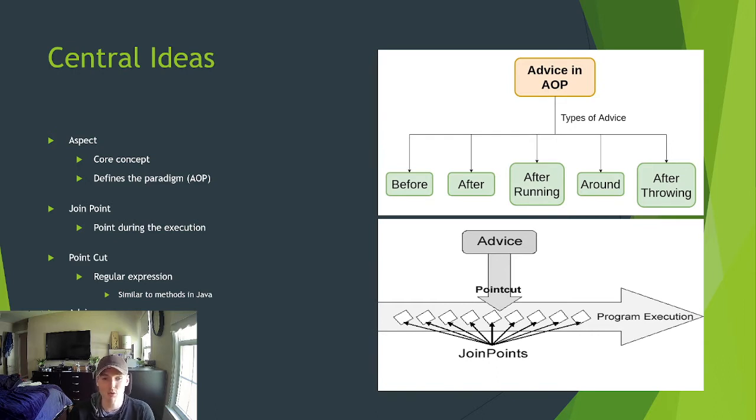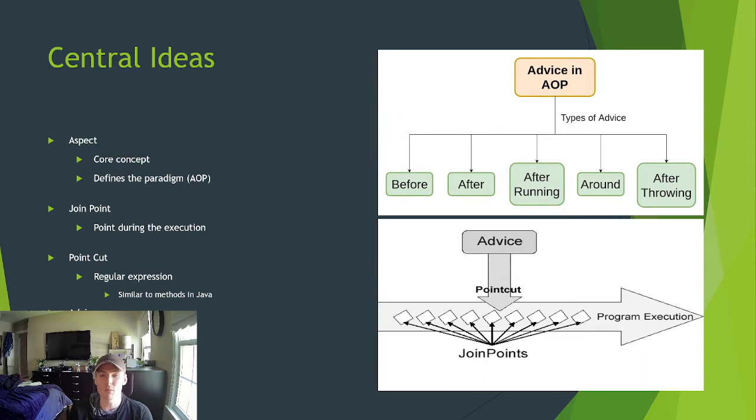Each aspect focuses on a specific cross-cutting functionality. Then you have the join point, a point during the execution of a script, such as the execution of a method or property access. The point cut, a regular expression that matches join points. And lastly, the advice, which is action taken by an aspect at a particular join point.